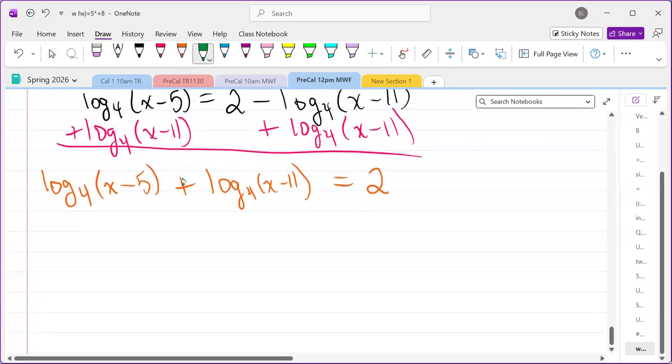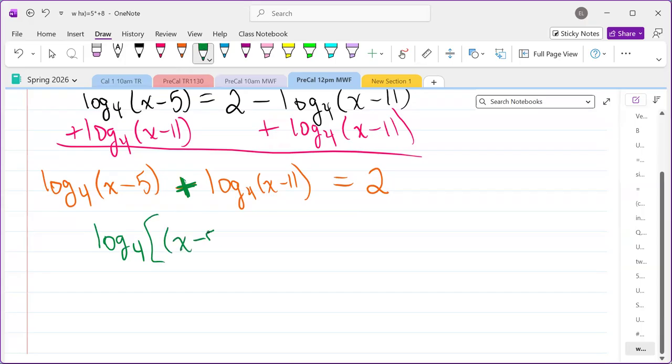When I have the sum of two logarithms with the same base, log base 4 of A plus log base 4 of B, then I can combine this into a single log. Logarithms change operations, so I'm not going to add the insides. I'm going to be multiplying the insides. So I have log base 4 of (x minus 5)(x minus 11), and then that all equals 2.